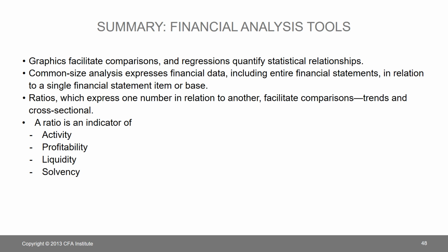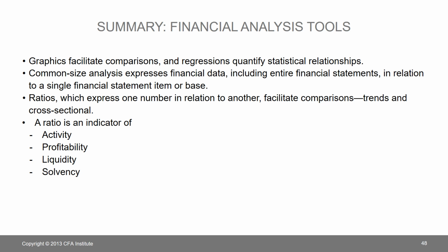And with this, we end our coverage for Chapter 7 and our financial statement analysis course. In this one, we looked at financial analysis tools, including graphics, which facilitate comparisons and regressions, quantifying statistical relationships. We looked at common size analysis, expressing financial data, including entire financial statements in relation to a single financial statement item or base, just like we've done for chapters 4 and 5.